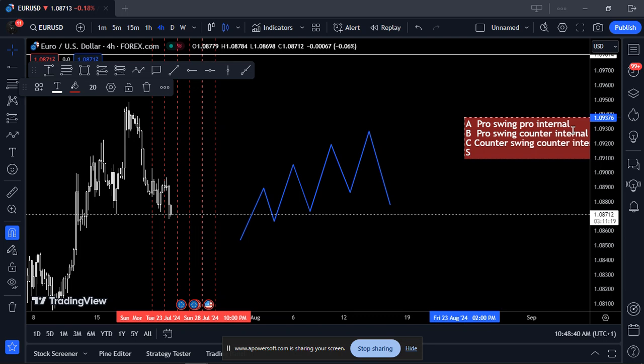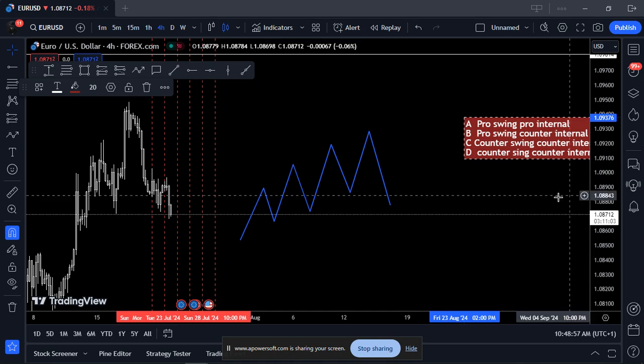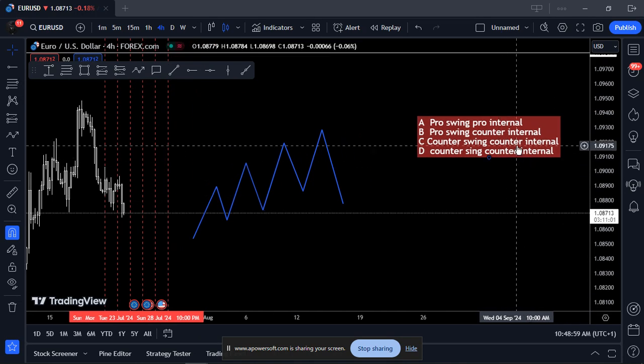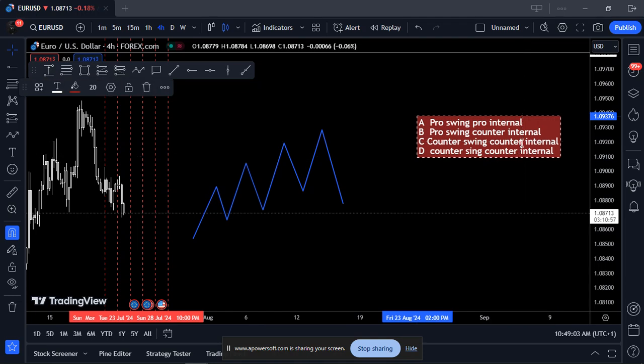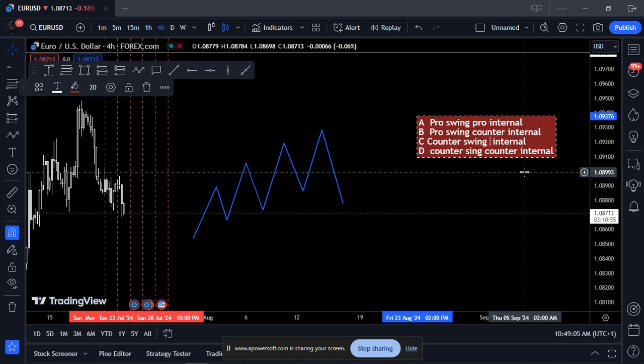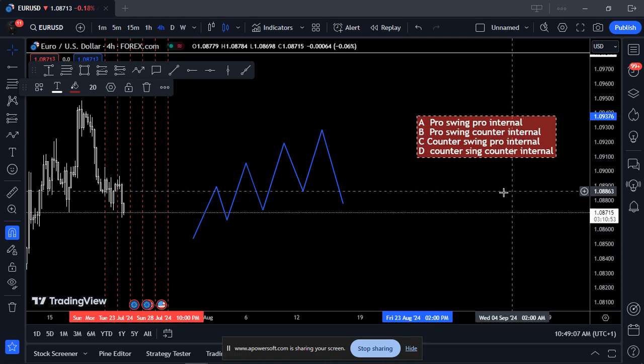Why this is counter swing. Sorry, this is counter internal. This one. So this is how it is.